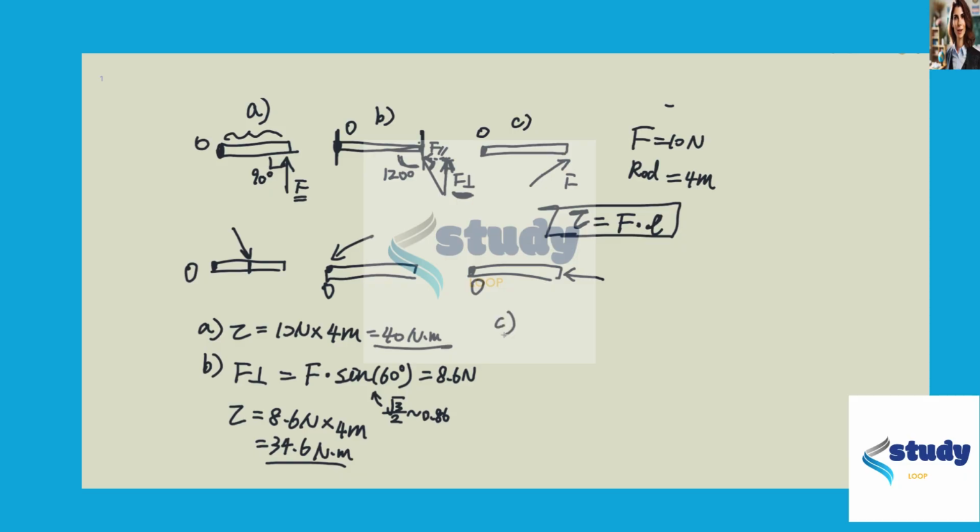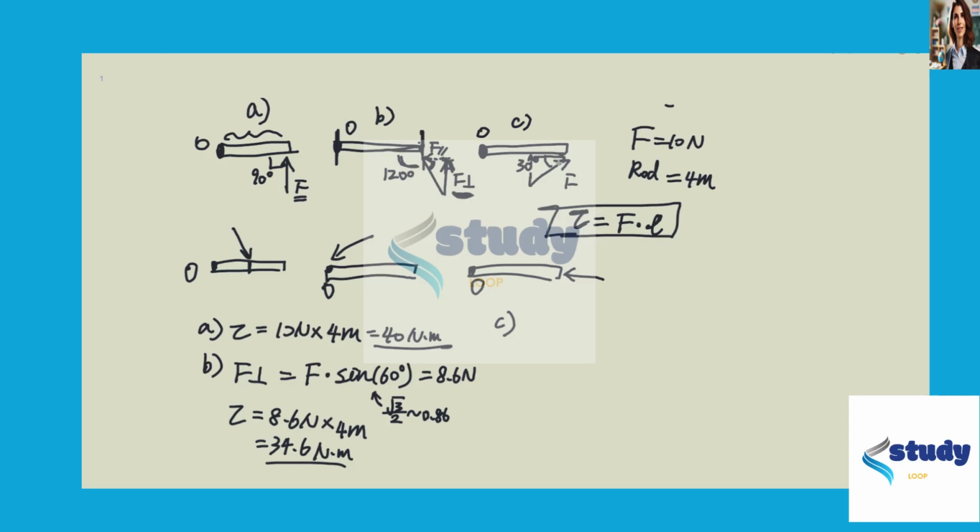Number C. This is a similar case. B and C are roughly the same, except that now we have a different direction and a different angle. You can see this time we are kind of pushing outward. So in this case, we still have a perpendicular component that contributes to the rotation of the rod, but the tangential component is used to stretch the rod instead of compress it.